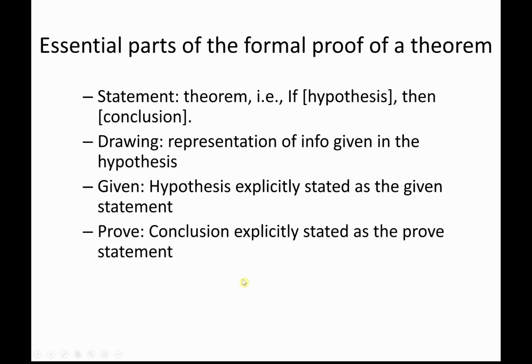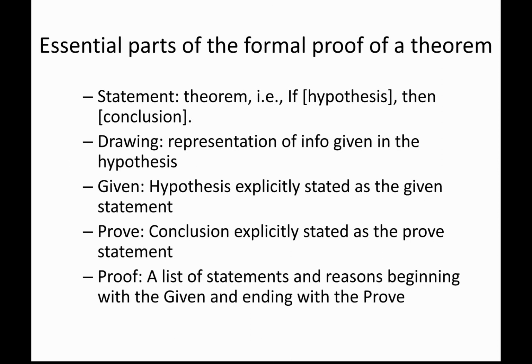The proof statement is basically the conclusion. It may need to be specified by specific elements that either already exist in your drawing or are yet to be highlighted by virtue of the writing of the proof itself. So, okay, there are those 4 elements, right? And then the 5th element is the proof.